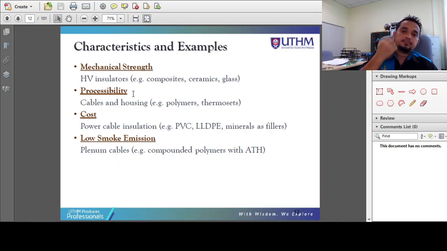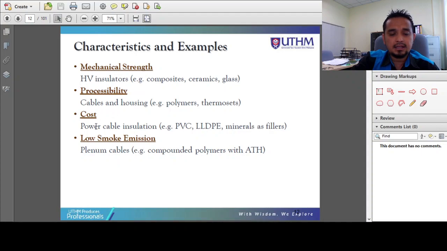Processibility means the dielectric material should be processable, or it can be shaped into the desired pattern depending on the application.